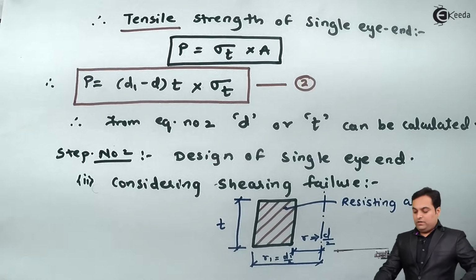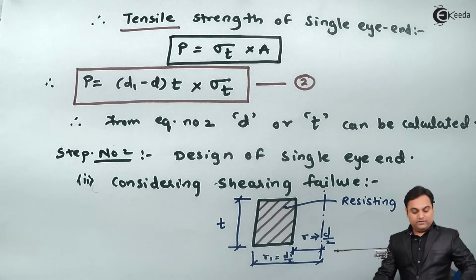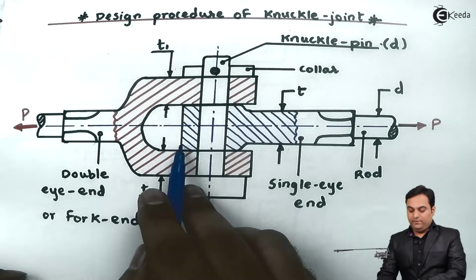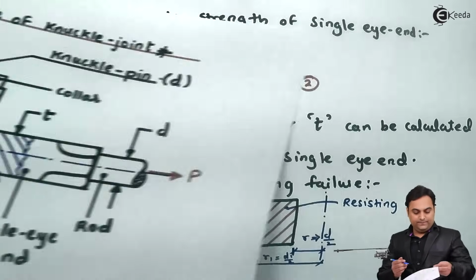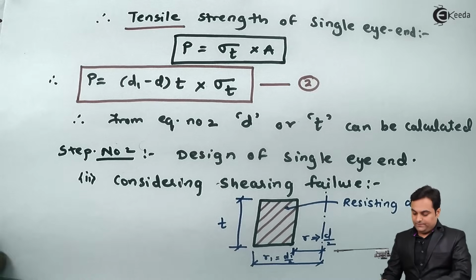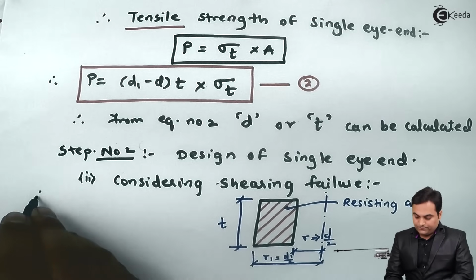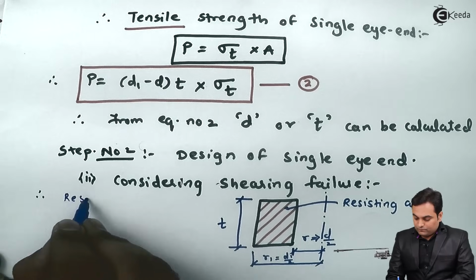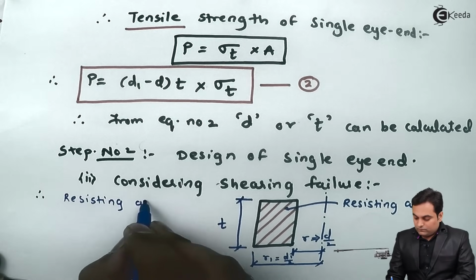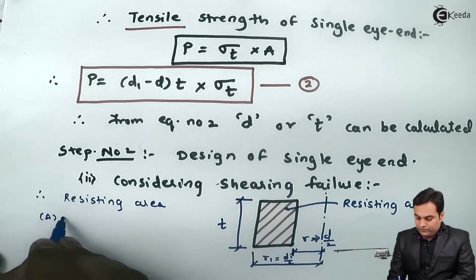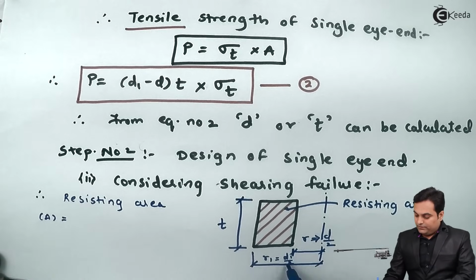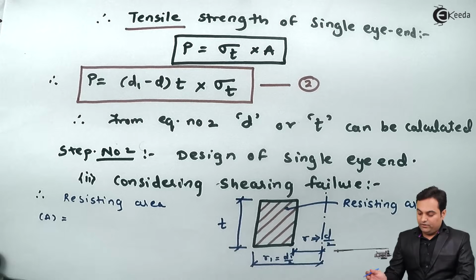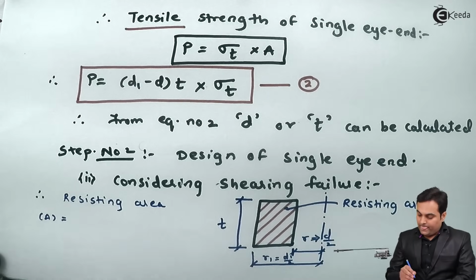Now after getting this resisting area, since I'll get two pairs of area, one will be here, another will be behind, so I'll say that therefore resisting area, capital A, will be equal to R1 minus R into T, the area of this rectangle which is shearing.